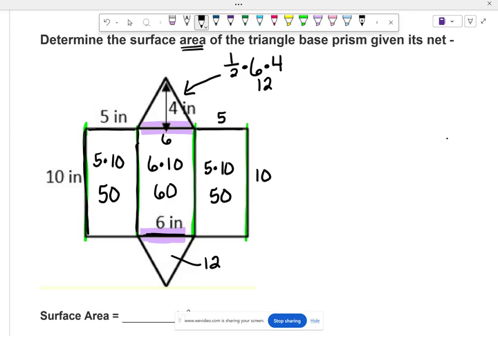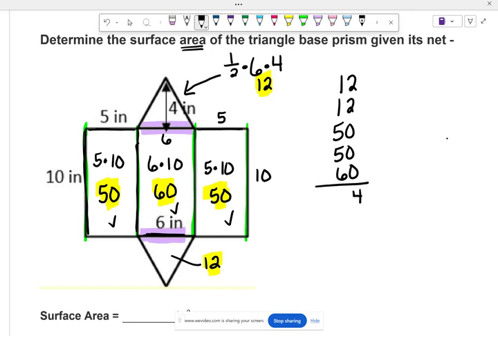The total surface area would be all of these individual areas added together. All right, let's don't miss any. All right, so we would have 12 plus 12, they're the two triangles, plus 50 for the right rectangle, plus 50 for the left rectangle, plus 60 for the rectangle in the middle.